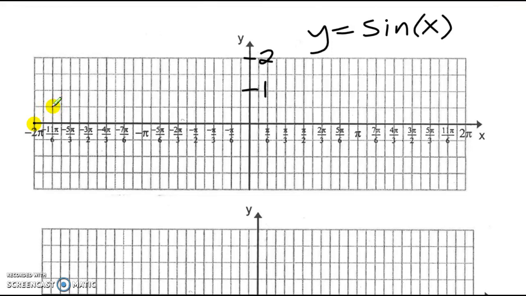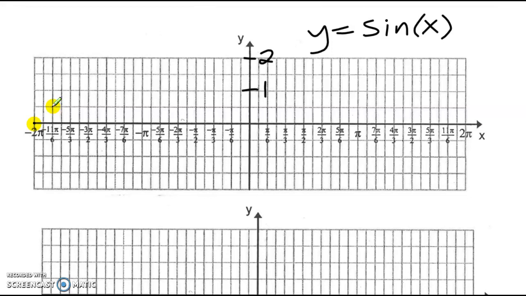And then the next one, negative 7 pi over 4, is at about 0.7. So where is negative 7 pi over 4? It's going to be in between 11 pi over 6 and 5 pi over 3 evenly, because that's how it is on our unit circle, right? It's equally distant from both. So then 5 pi over 3, it's going to be in that next dash.